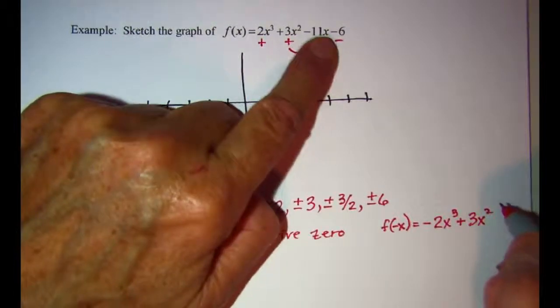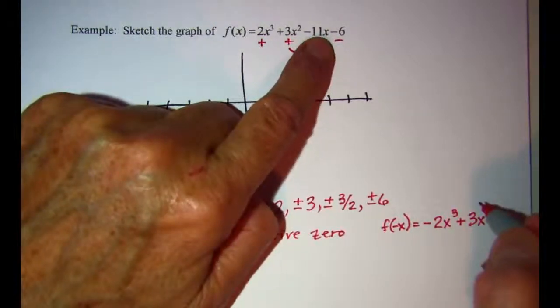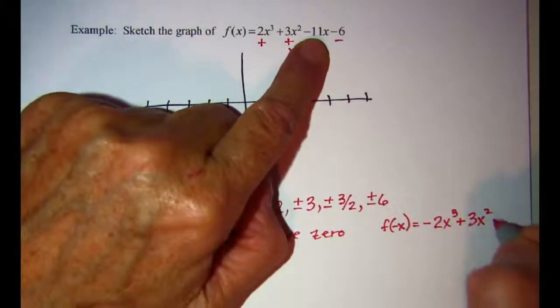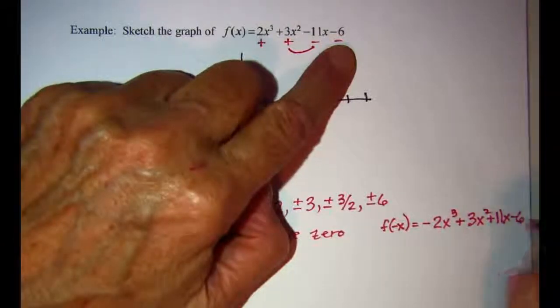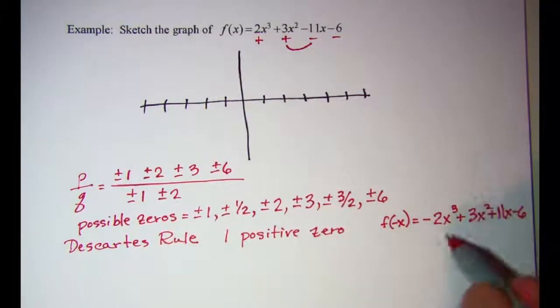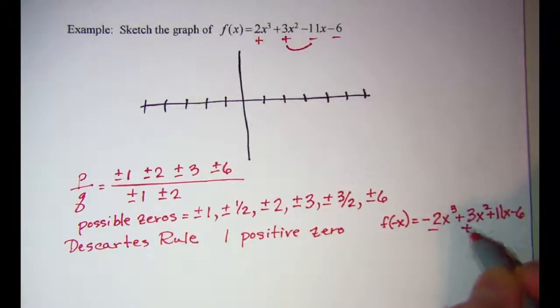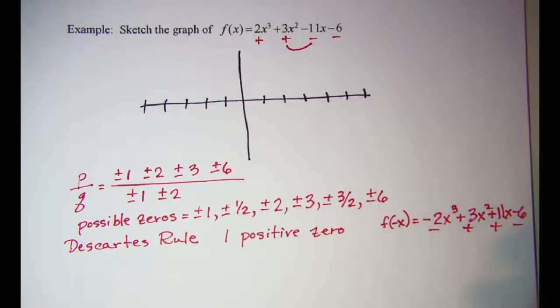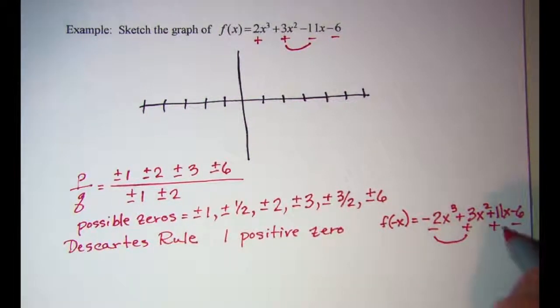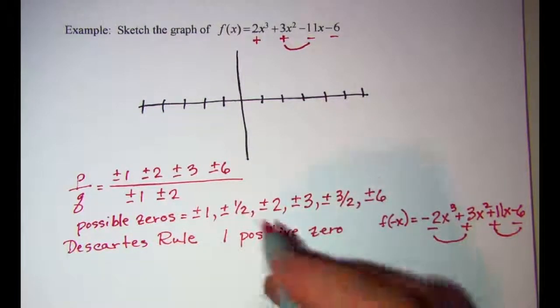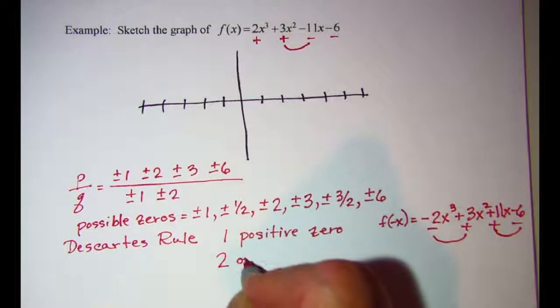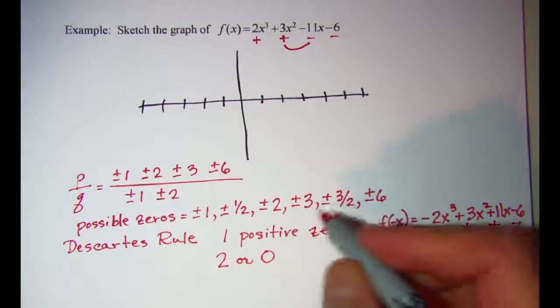And then if I put a negative x in this term, I have a negative 11 times a negative x, which is a positive 11x, and then minus 6. So I have negative, positive, positive, negative. I have one sign change here going from negative to positive, and then here from positive to negative. So my number of negative zeros is going to be 2 or no negative zeros.